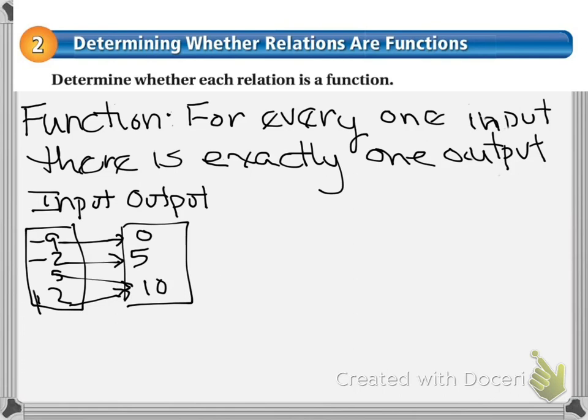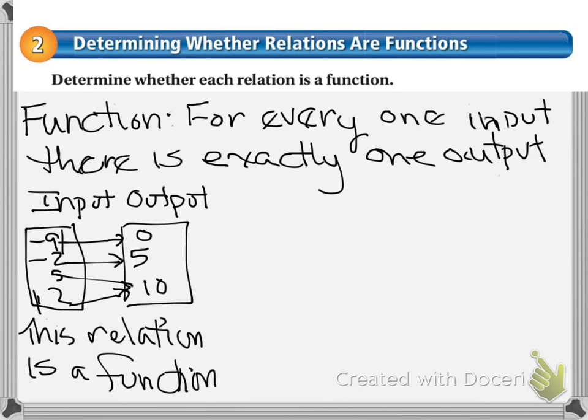So when we do that, we just set up the ordered pairs: -9, 0, -2, 5, 5, 10, 12, 10. For every input we have exactly one output. So this relation is a function.